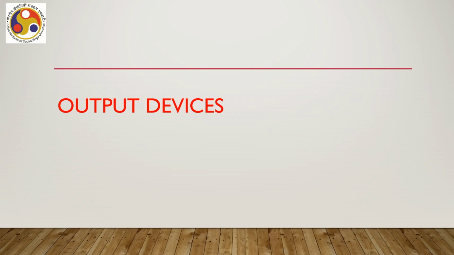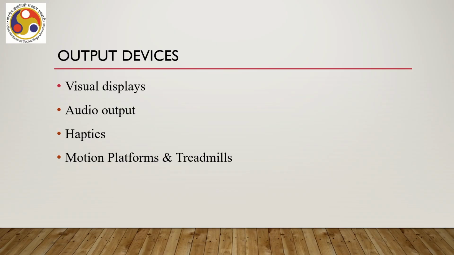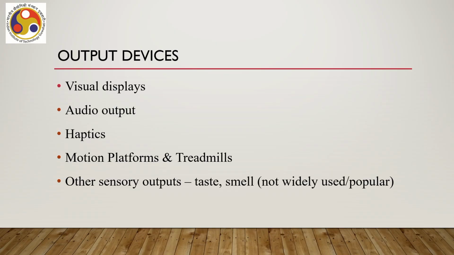Then let us move to the output devices. What kind of output devices are typically used to render a VR experience? There can be several categories of output devices, starting with the visual display, then audio output, then haptics, then motion platforms and treadmills, and some other sensory outputs.